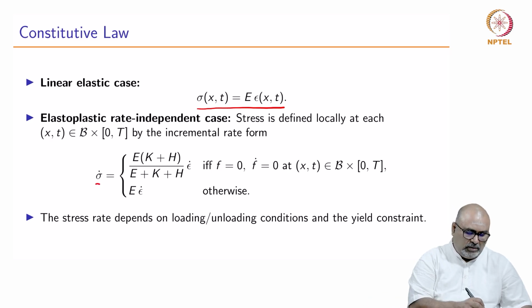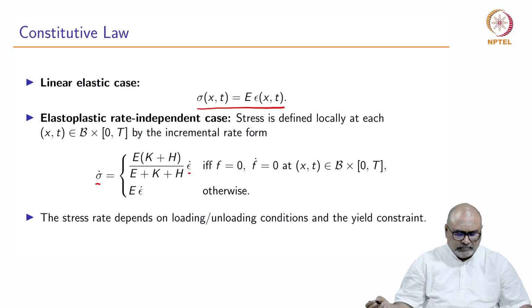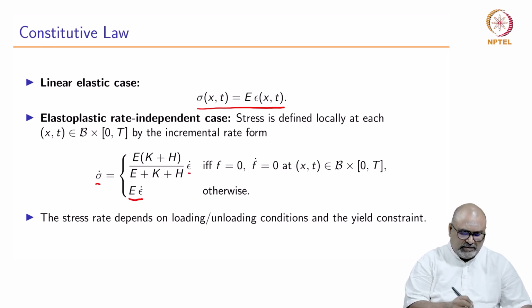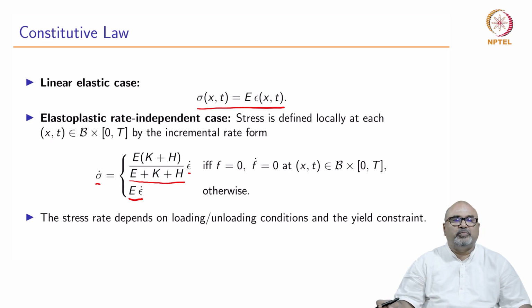So, sigma dot is equal to E times epsilon dot if it is elastic, and if it is elastic plastic, then it is defined by E times (k plus h) by (E plus k plus h) times epsilon dot, if the yield condition is satisfied and f is equal to 0 and f dot is equal to 0 at that material point which belongs to that domain.